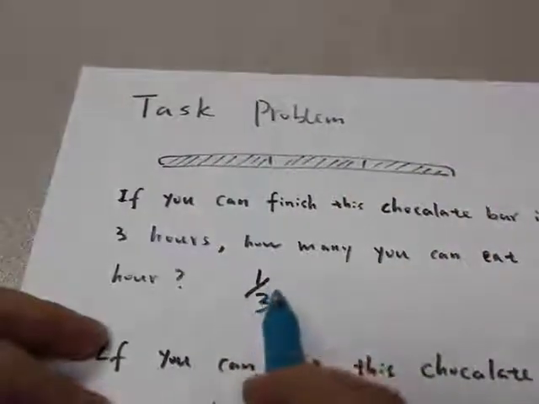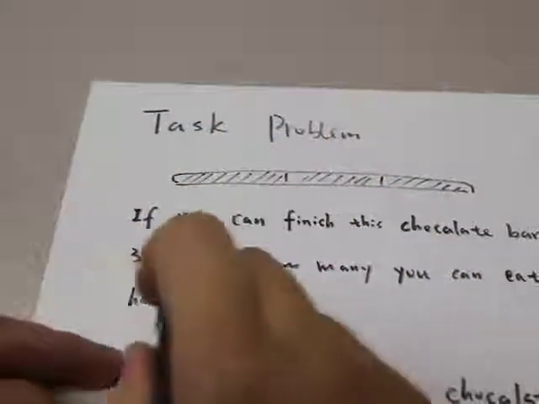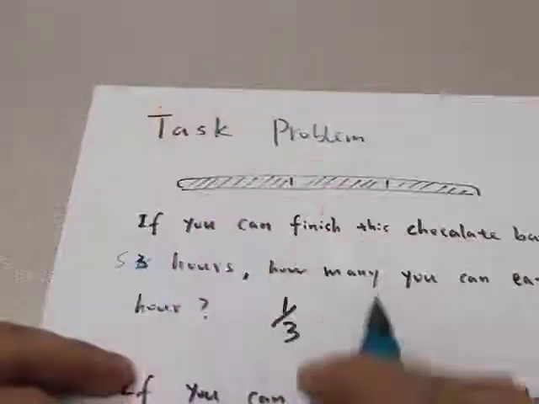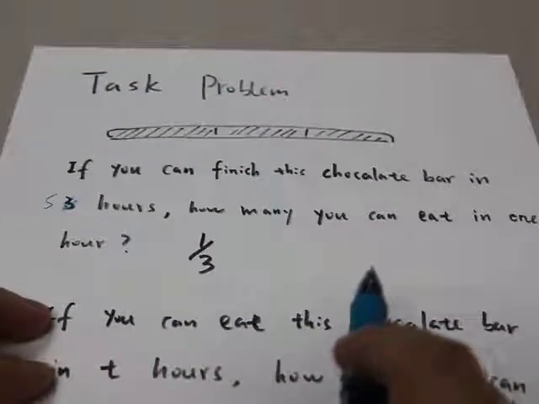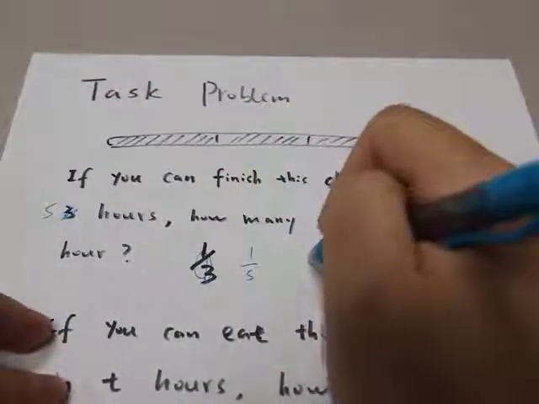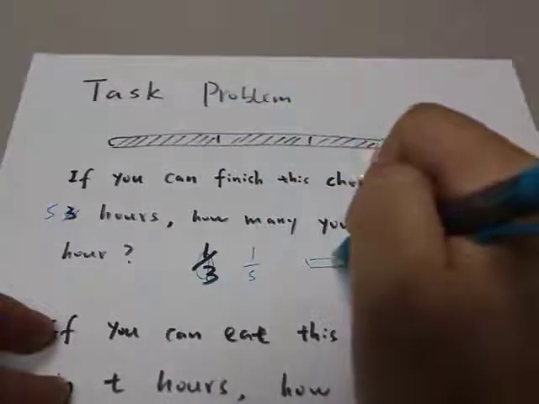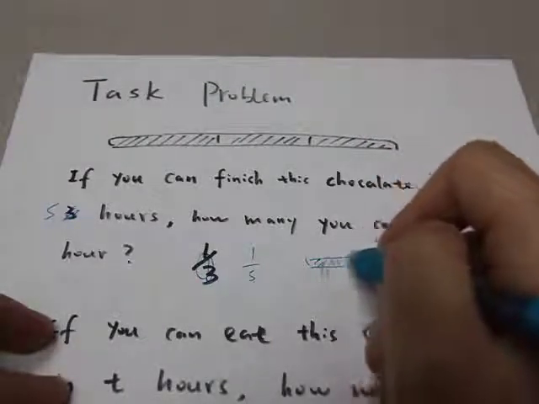the entire chocolate bar, right? So if we change this number, like if you can eat the chocolate bar in 5 hours, then we wonder how much of the chocolate bar you can eat in each hour. So in this case, the answer is 1/5, right? So this time we're going to divide the chocolate bar into 5 pieces evenly.